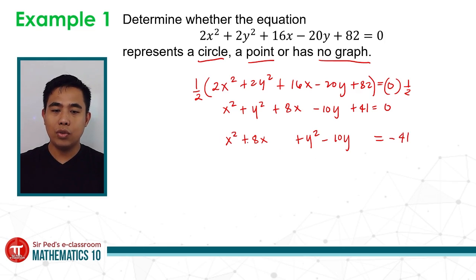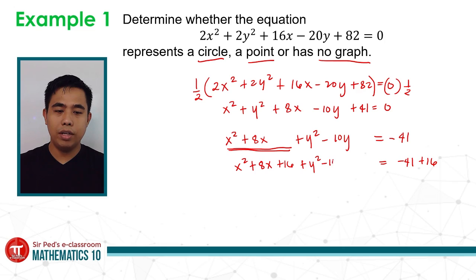Make this x squared plus 8x a perfect square trinomial. So what are we going to add to make it a perfect square trinomial? So take the coefficient of the middle term, 8, divided by 2, that is 4. Then you square, which is 16. So on the right side, we must also add 16.